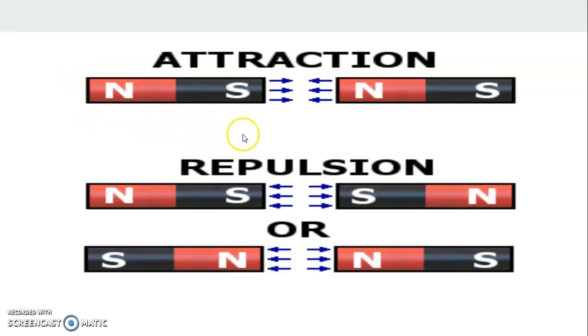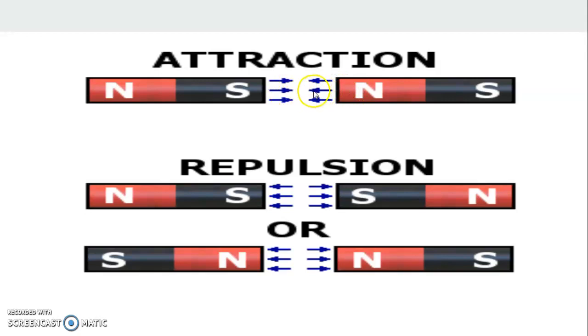This is a photo that shows attraction and repulsion. Attraction, another time. Say it in English and in Arabic. Attraction. تجاذب. Repulsion. تنافر. These poles are unlike. مختلفين.